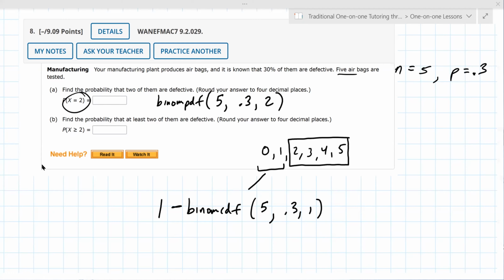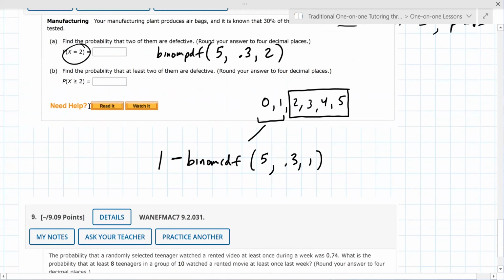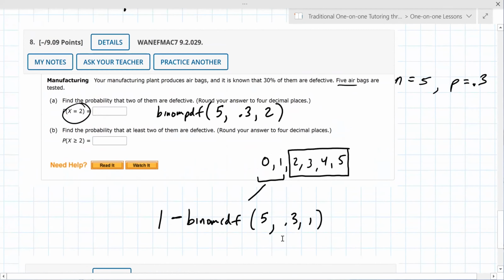For some reason it says it's wrong, but it could be just a rounding thing. Okay, let me give you my answer here. Let me get a tool to do this.